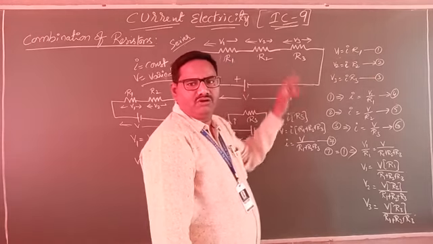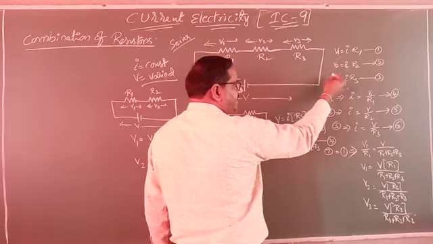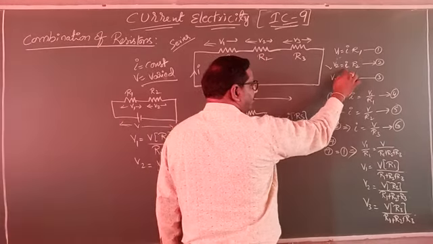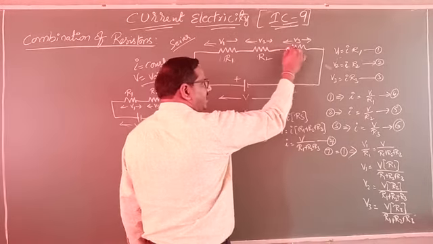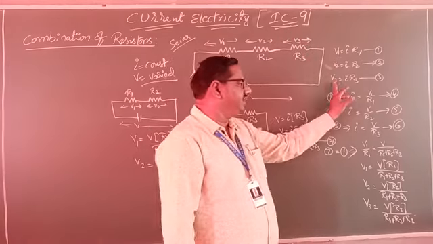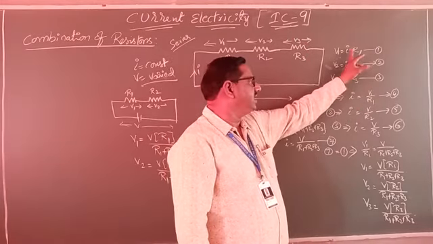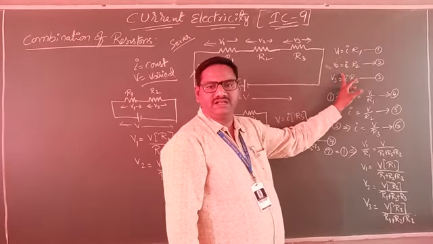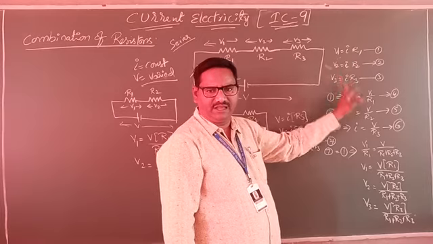Now the same current goes through the second resistor, so V2 equals I into R2, equation 2. Now the potential across the third resistor is V3. V3 equals what can you write? I R3, equation 3. Clear? In each and every resistance the current remains the same. That's why we wrote I like that.